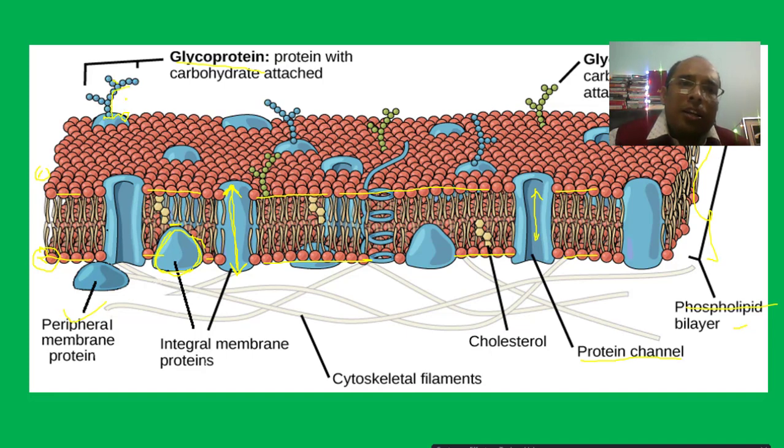Protein plus carbohydrate, glycoprotein. Okay, this carbohydrate is attached to the protein part, so it is called glycoprotein. So these are the important components that are present in the cell membrane according to the fluid mosaic model. This model is very important and you will be asked in the exam to draw the structure of the cell membrane and different components.